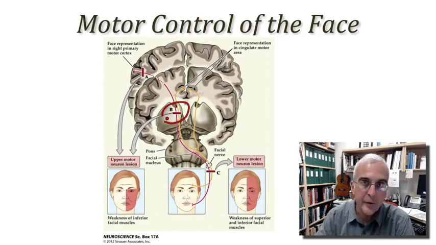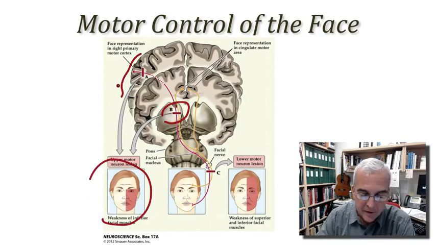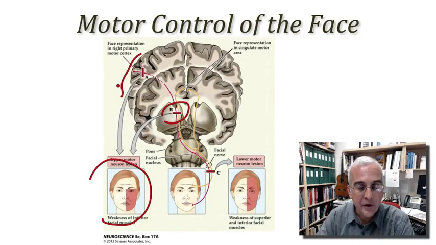And such a stroke would affect the input from the precentral gyrus to the contralateral facial motor nucleus, replicating the impact of the stroke that one would see with a middle cerebral artery infarction out here in the cortex. There would be sparing of the upper motor neurons because of the bilateral innervation coming from the cingulate motor area.